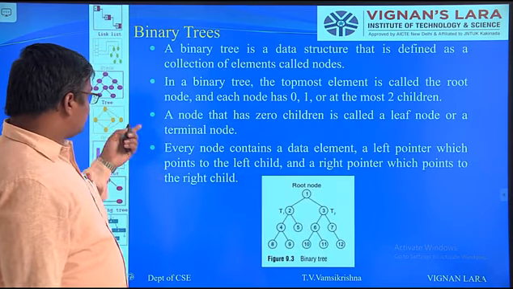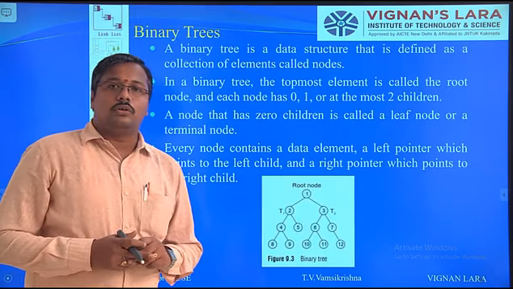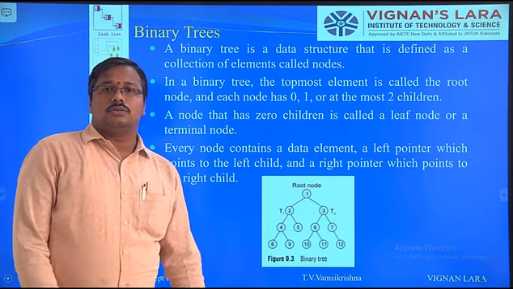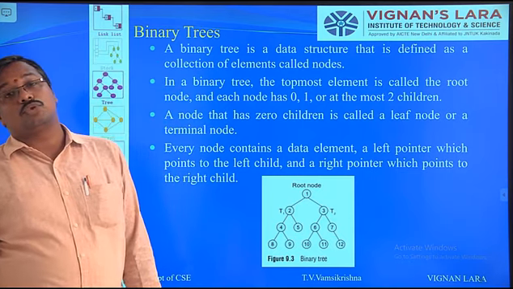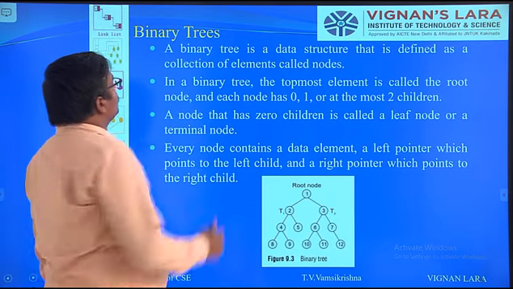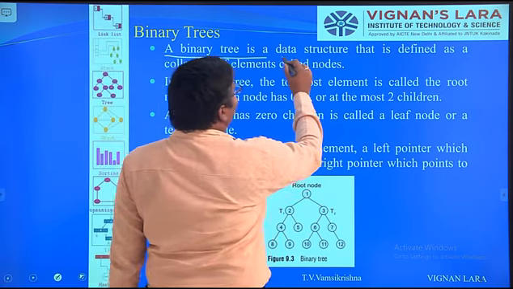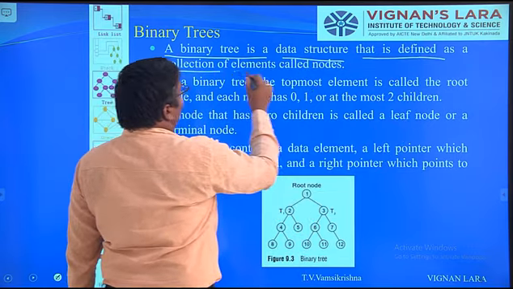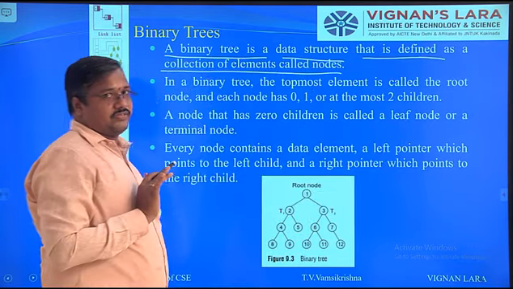Okay, so first we will go for binary trees. I told the definition recently also. A binary tree means at most 2 children. A binary tree is a data structure that is defined as a collection of elements called nodes.